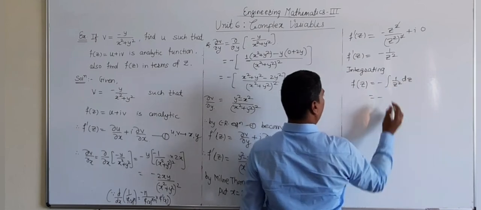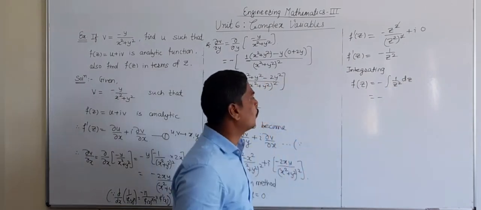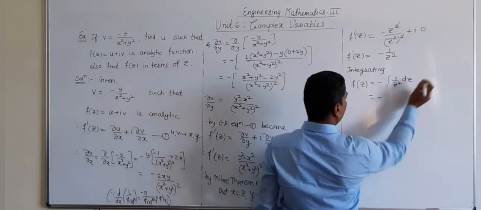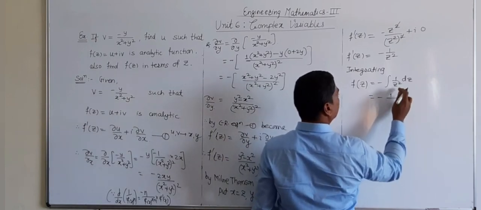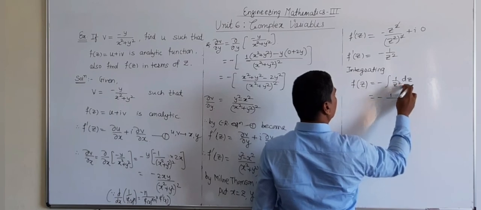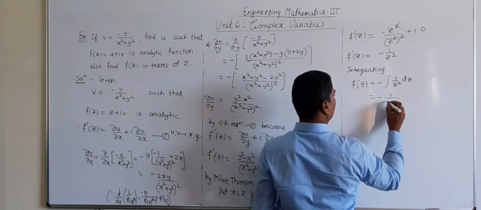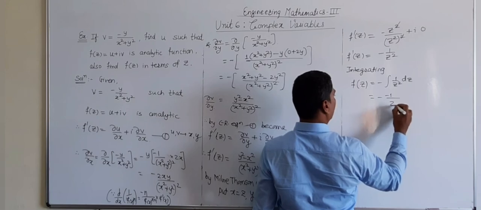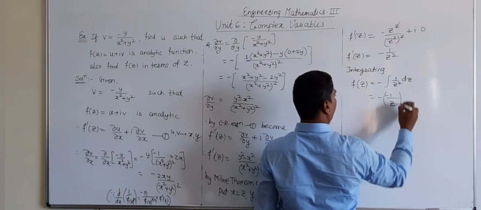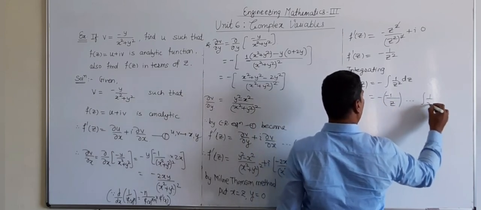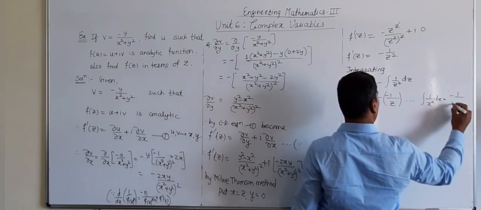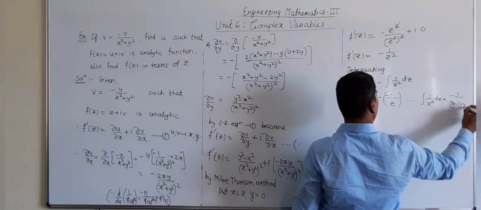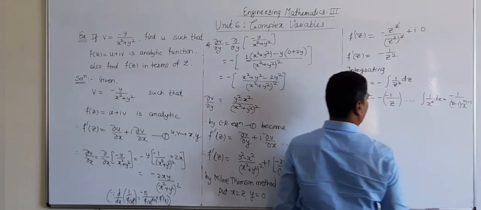So we get minus integration of 1 upon z square, which becomes minus 1 upon z, since integration 1 upon x raised to n dx is equal to minus 1 upon (n minus 1) x raised to n minus 1.